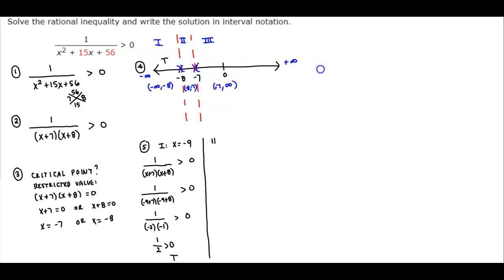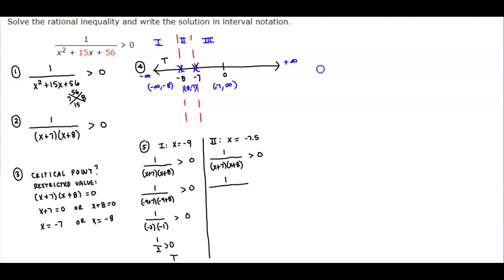If we take a look at region number 2, we want to find a value in between -8 and -7, so we're going to pick -7.5. So we have 1 over x plus 7 times x plus 8, which is greater than 0.